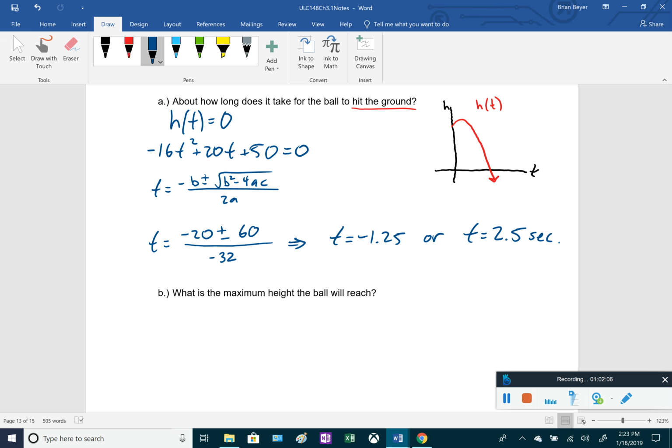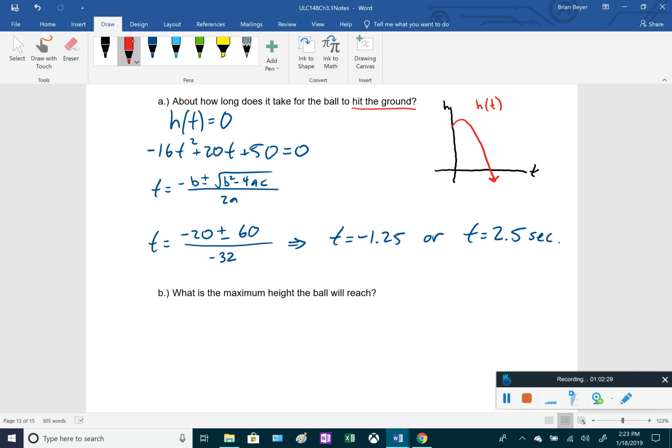We have to think about this conceptually and say, well, what does this mean? Negative 1.25 seconds doesn't make too much sense. That was the x-intercept that I crossed off to the left, over here on the x-axis. I crossed that one off because we said that didn't make sense.